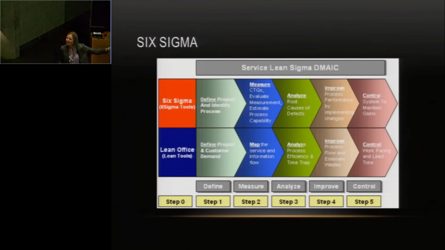The control piece is once you've created an intervention that works, okay, like our pink sign works, you have to control the process. So you have to have a plan in place for how that's going to continue in perpetuity, okay?